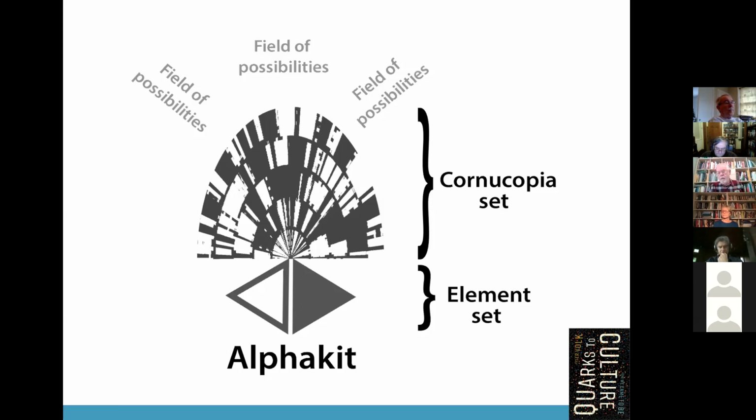So I'm very interested in the relationship or the role of these alpha kits in a broad role in regards to semiosis. So that's the question I would like to ask.